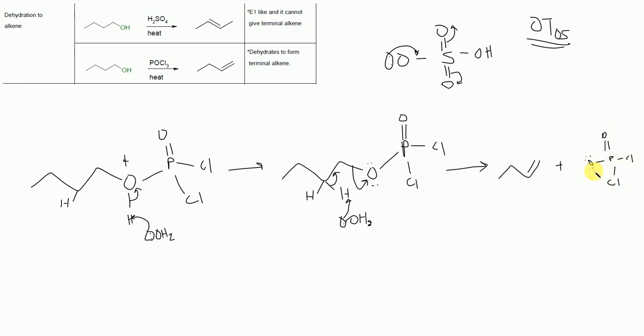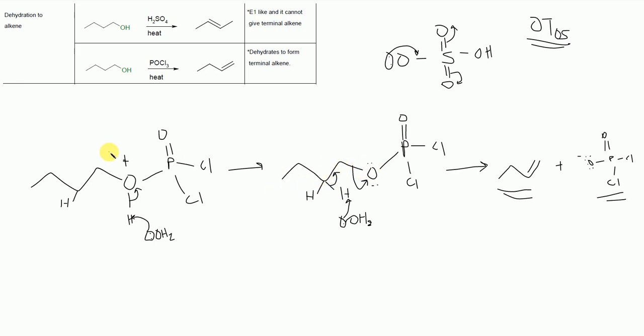So the chlorines are going to act inductively, first of all. And then I also have resonance that can resonate the oxygen negative charge between this oxygen and the other one. So I have a resonance stabilized product and an inductive effect as well, which allows me to form the terminal alkene in this case. Because I can have a very stable leaving group over here, it allows the double bond to form in this location.